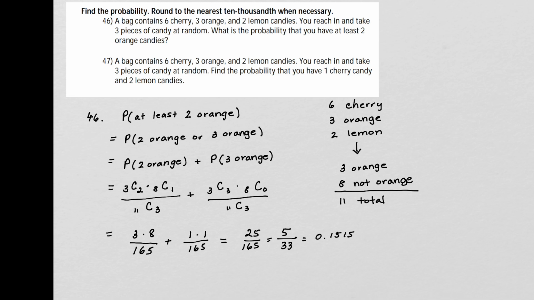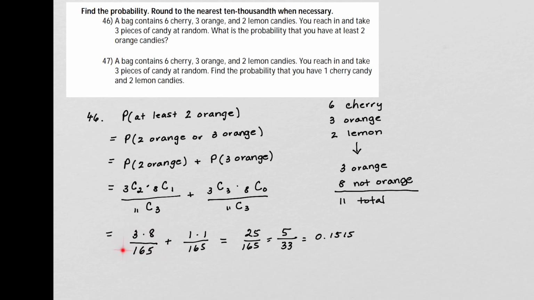So we're going to calculate 3C2, multiply that by 8C1, and then divide by the total number of candies and the total number being selected, so that's 11C3. When I put 3C2 into the calculator, I get 3. 8C1 is 8, and 11C3 is 165.